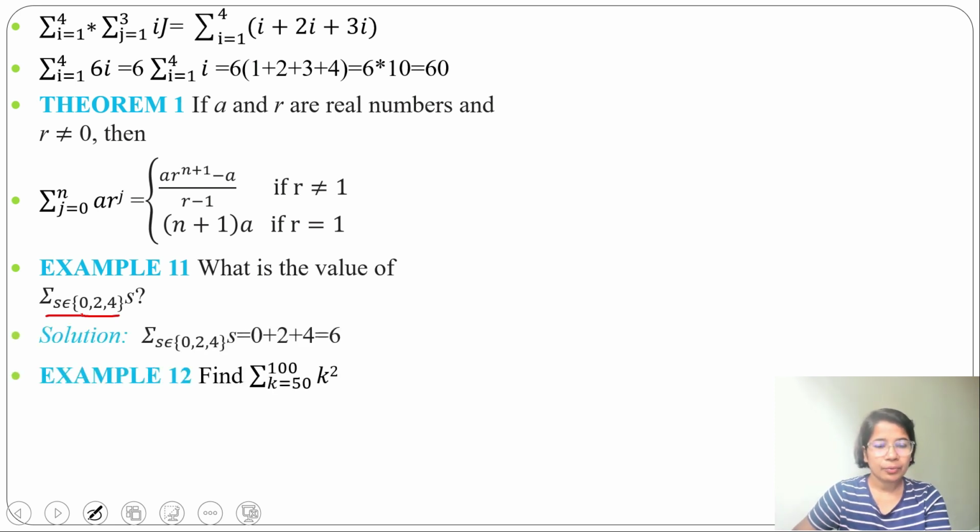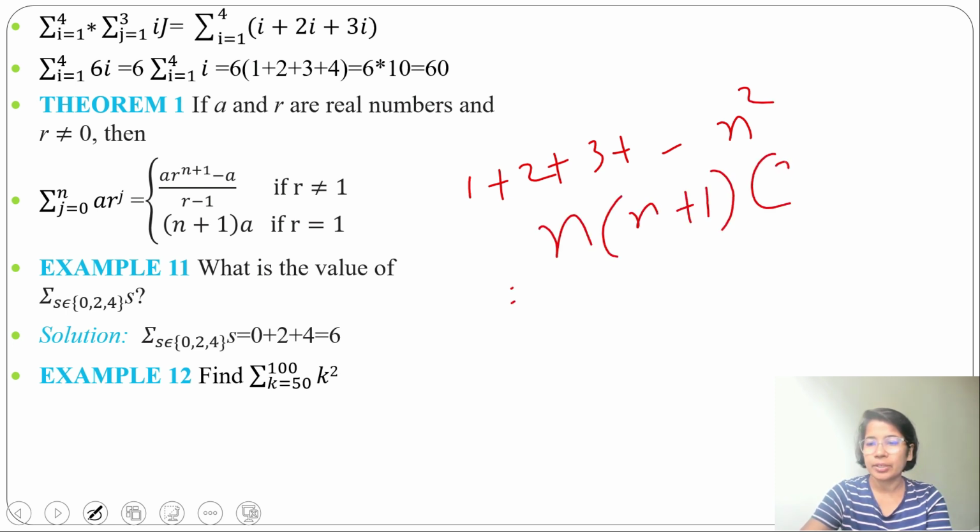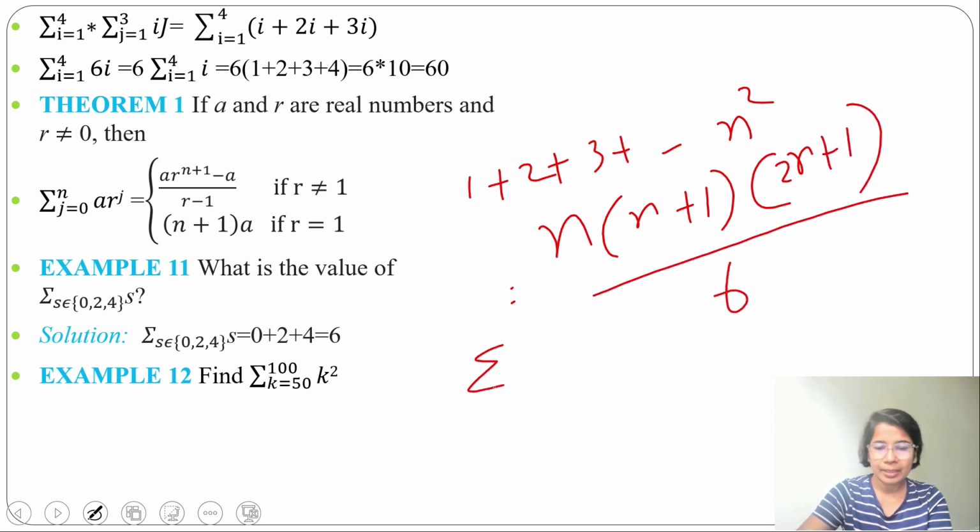Next, example 12, find the sum of k equals 50 to 100, k square. There is a formula: 1 plus 2 plus 3 up to n square, that is n into n plus 1 multiplied by 2n plus 1 divided by 6. So this we can write as the sum of k equals 1 to n, k square.